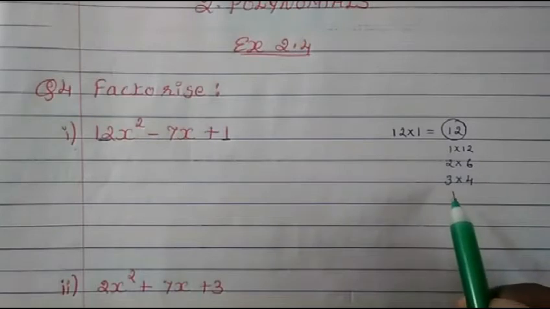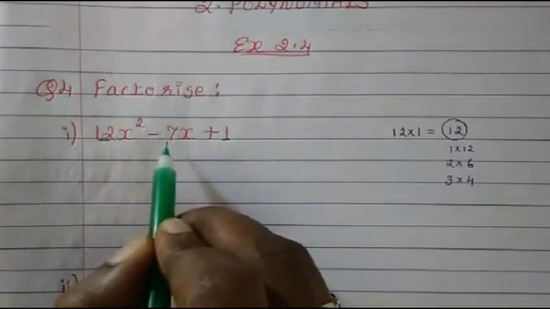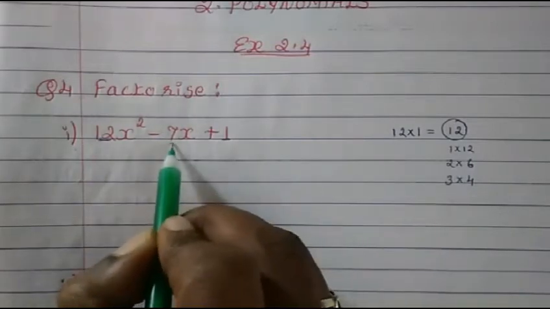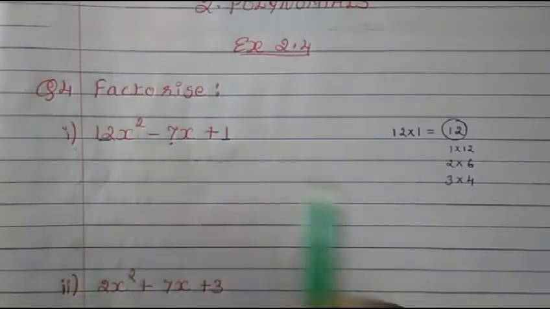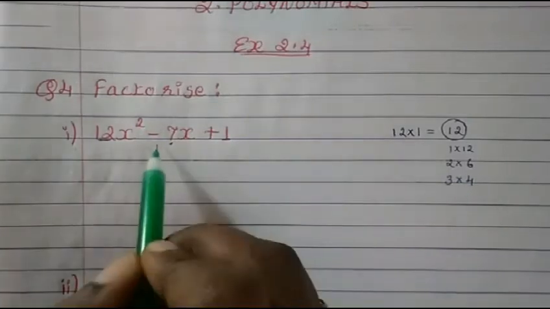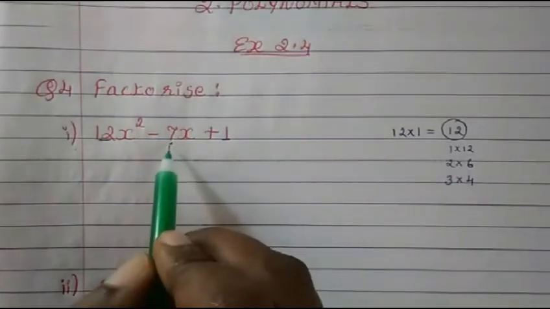After doing this step, now look at the middle term. In the middle term we have 7, not only 7, we have minus 7. So now we have to take any 2 numbers where we will get 7, either plus or minus, whatever you want, provided we get this middle term.